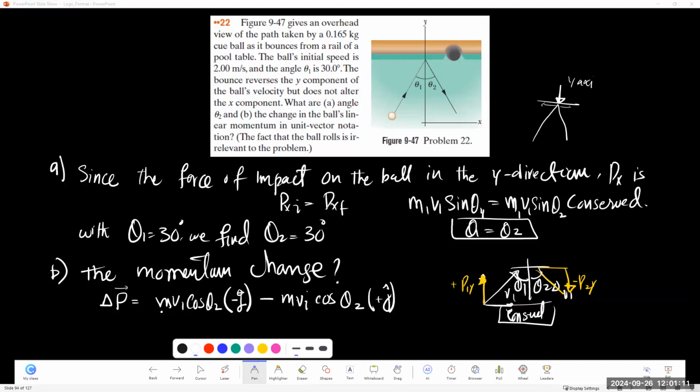If you substitute the value here, it's going to look like minus 2 velocity minus 0.165, this is the mass, times 2 meters per second cos 30 dt. Right?